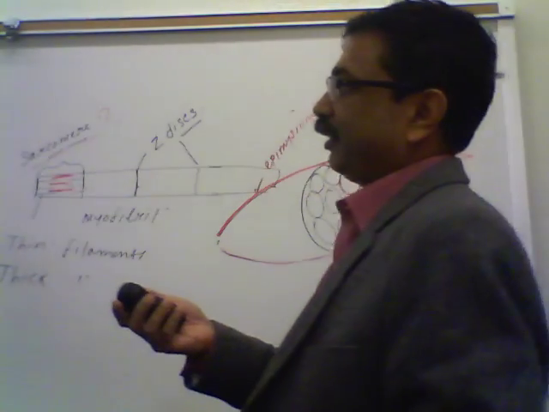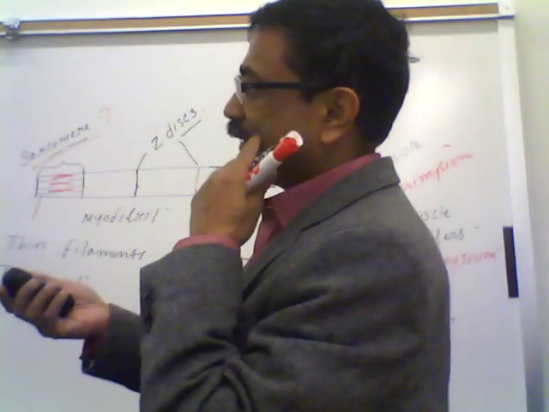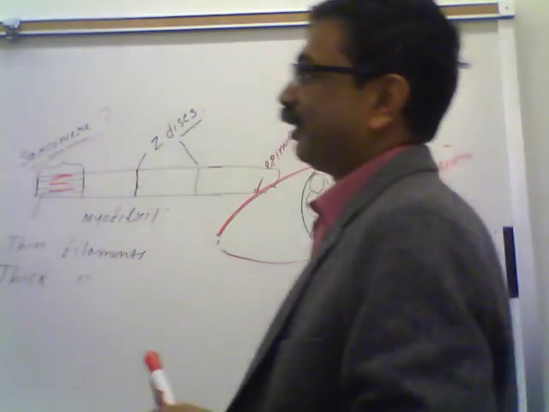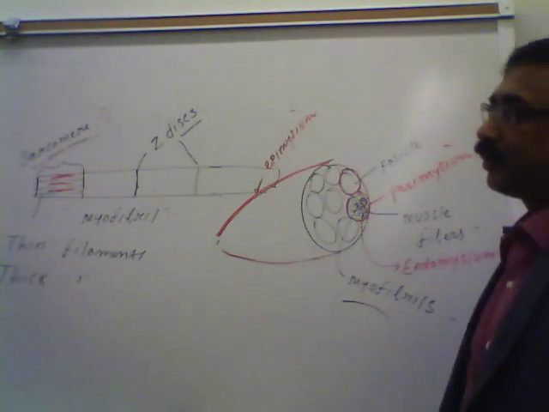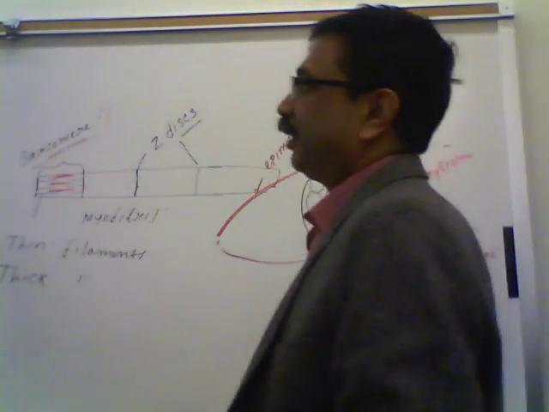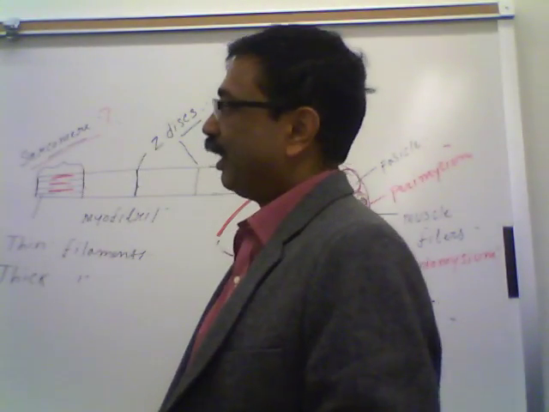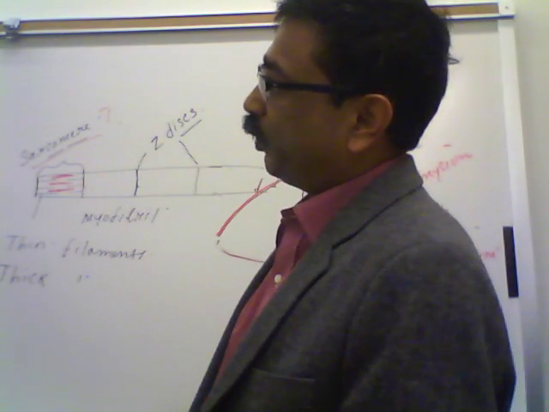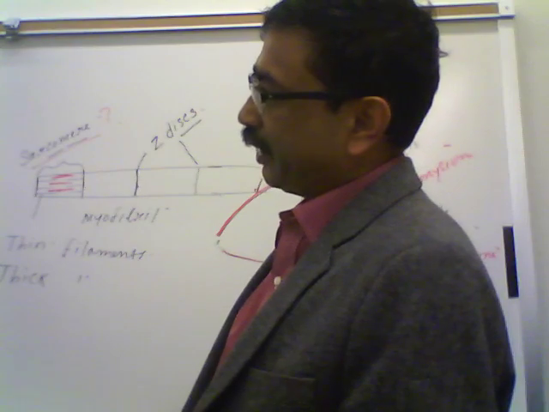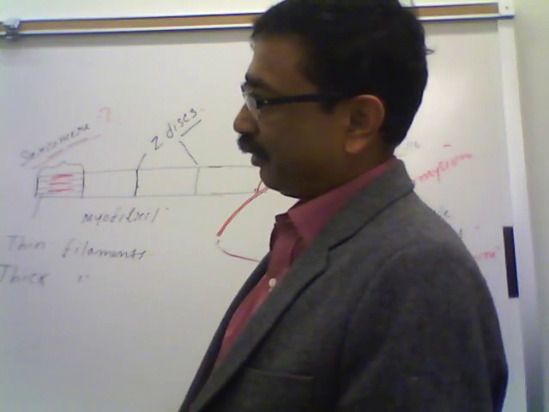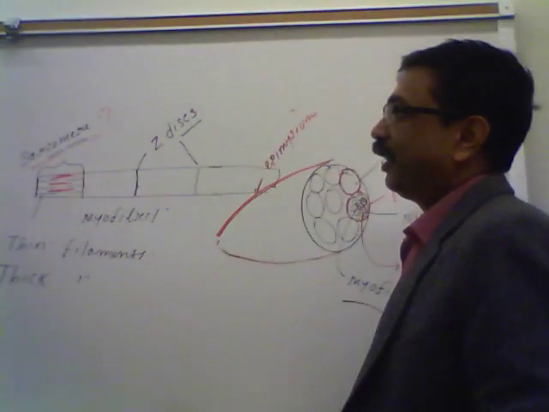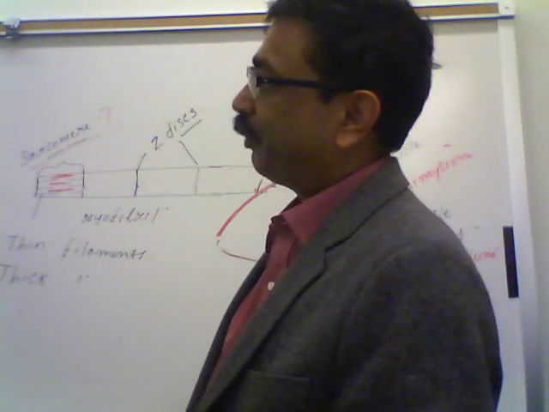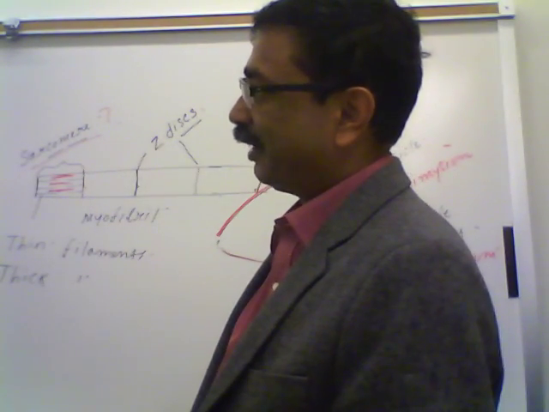Let's see in here. You see just a small part of myofibril, and you see the Z discs, blue lines, and between two Z discs the area is the sarcomere. Okay, so sarcomere, and inside the sarcomere you see you have thin and thick filaments.